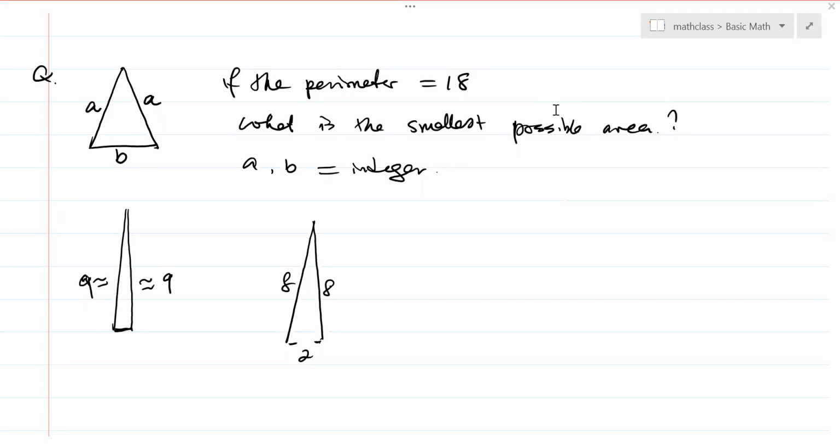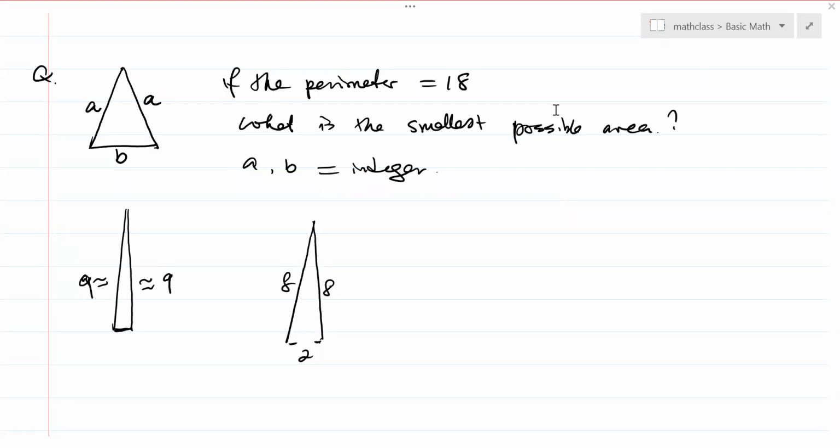Okay, Alex, do you know how to find the area of this triangle? But this is based on experience, right? I know this should be it, but this is not a proof. If I can make the isosceles triangle as narrow as possible, I'm going to make the area as small as possible.